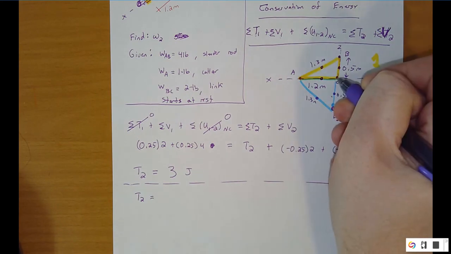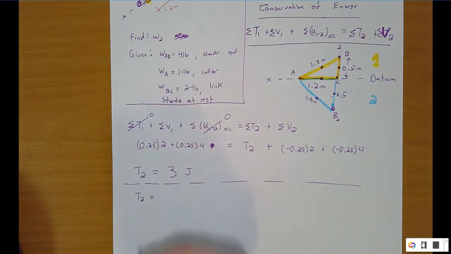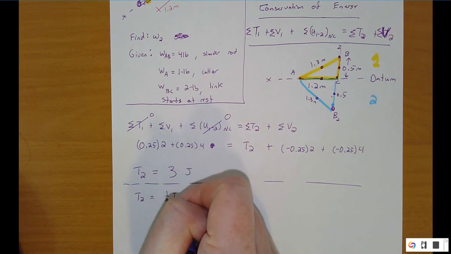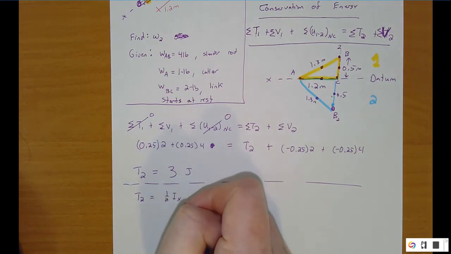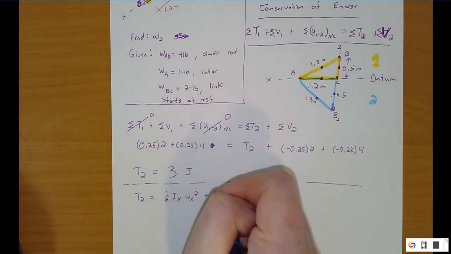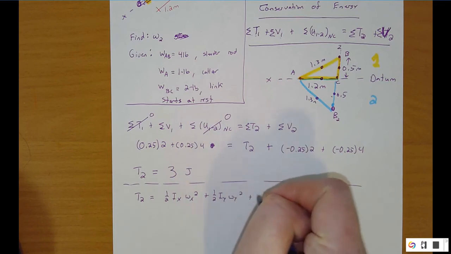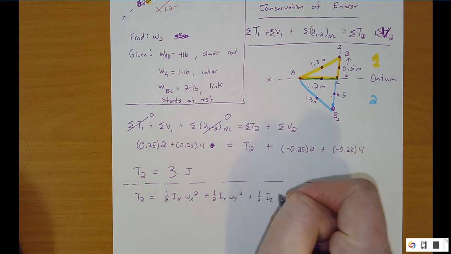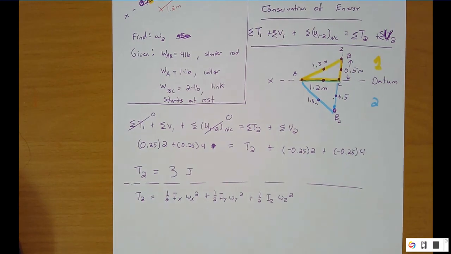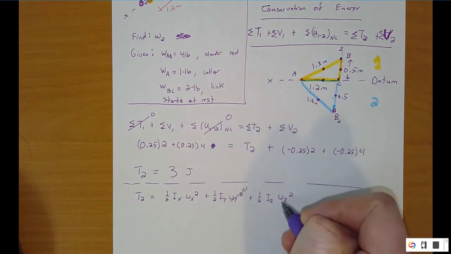It makes some sense to possibly pick point A, but we get 1/2 Ix omega x squared plus 1/2 Iy omega y squared plus 1/2 Iz omega z squared. Now I should only have rotation about the x, so these two should go away.